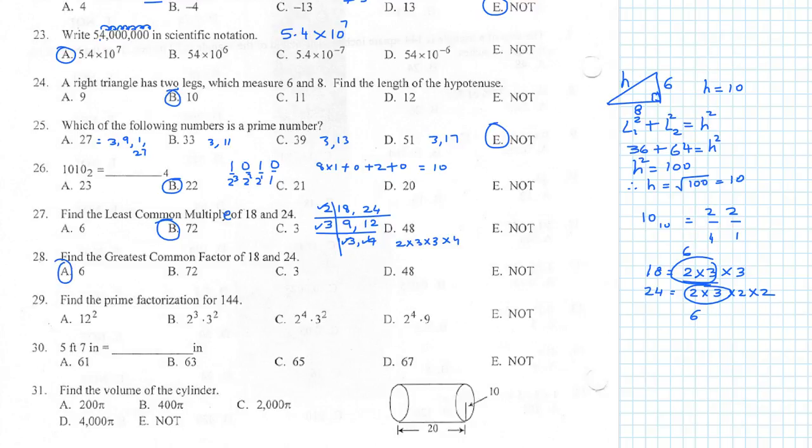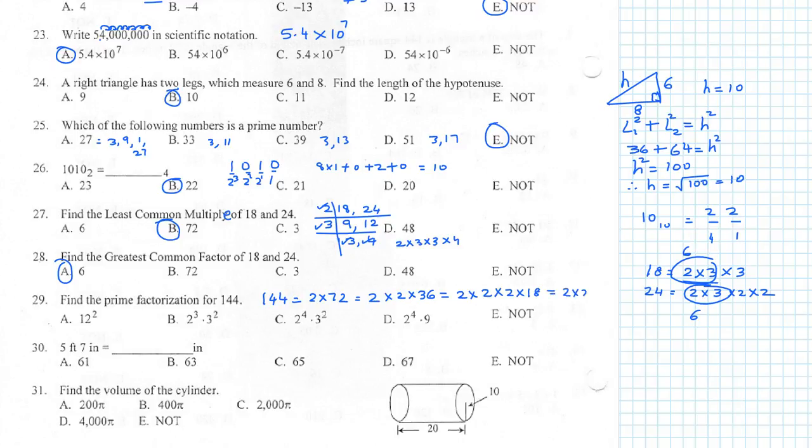Question 29. Find the prime factorization of 144. So 144 is 2 times 72, right? And so we can write 72 as 2 times 36, which is again 2 times 2 times 2 times 18. 18 can be further factorized.